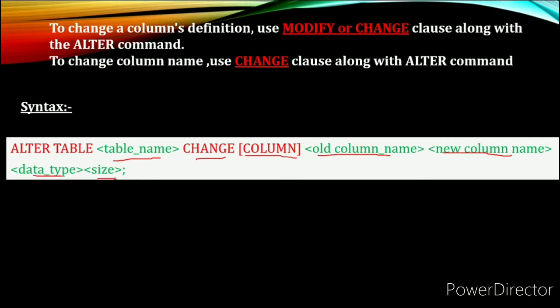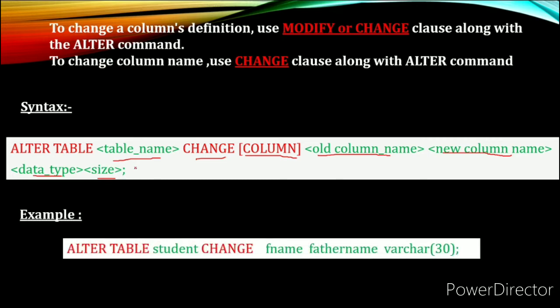Suppose that we want to change the column name fname to father name. So we write alter table student, change is a keyword, fname is the old column name, and father name is the new column name. So fname becomes father name in the student table.